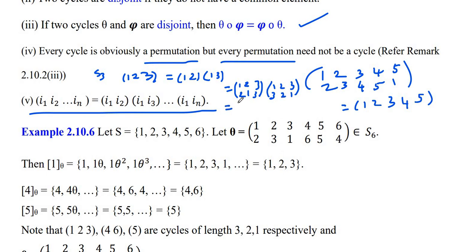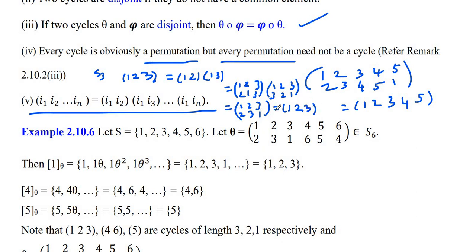Now if you compute this product, you have 1 taken to 2, 2 taken to 2; 2 to 1, 1 to 3. So this is what you have, and 3 to 3, 3 to 1. So how do we represent this in cycle notation? 1 is taken to 2, 2 is taken to 3, and 3 is taken to 1.